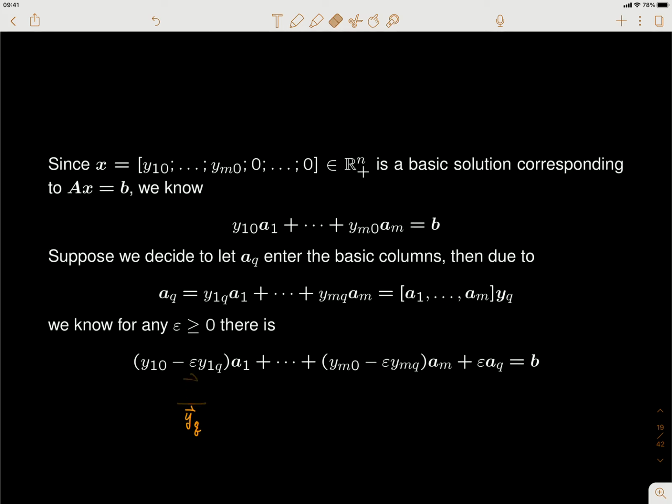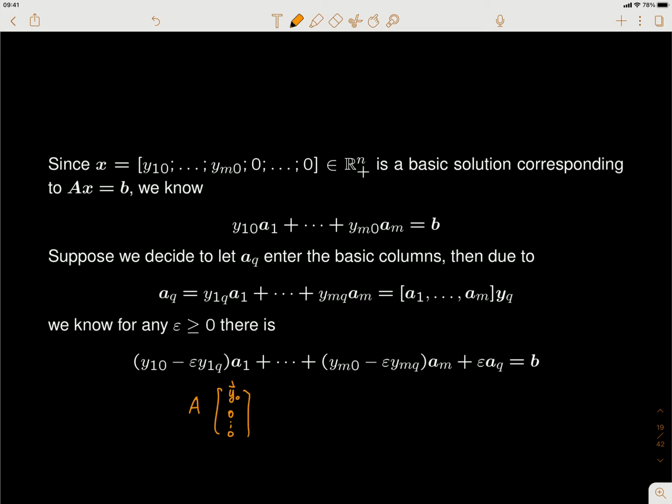If I look closer into this equation, what I will really get is this A matrix times the y0 part, which is the first m components of x, and then the others are zeros.